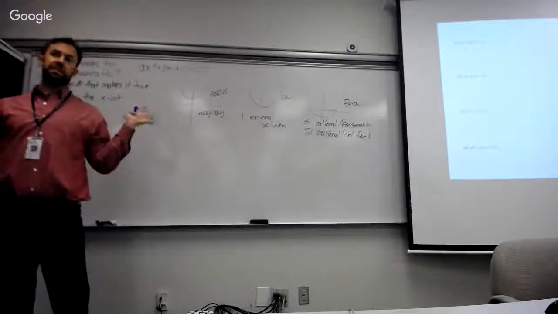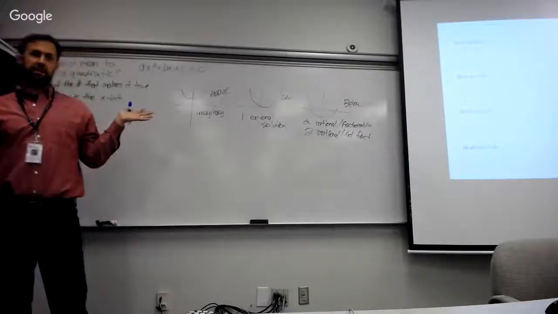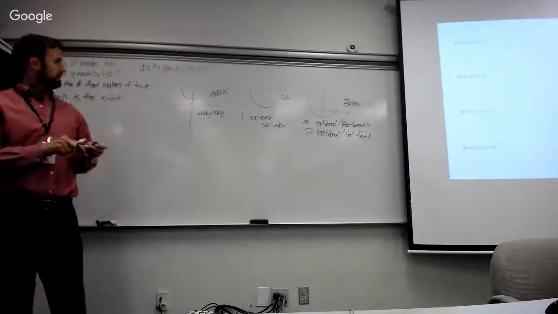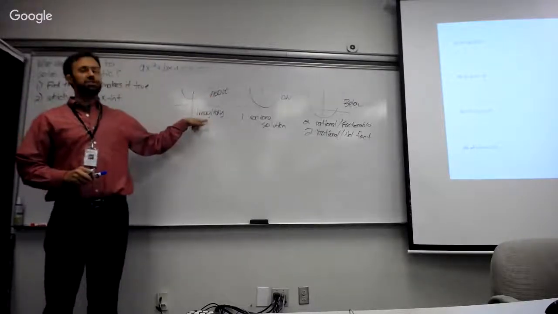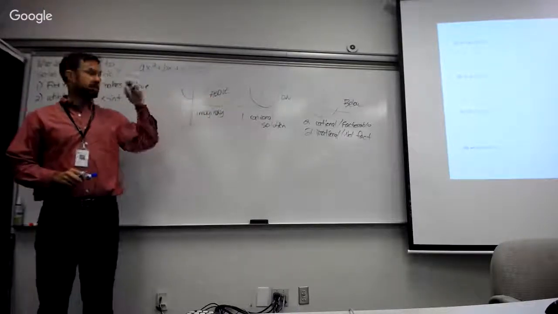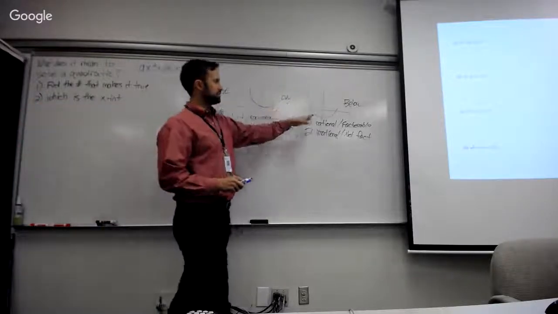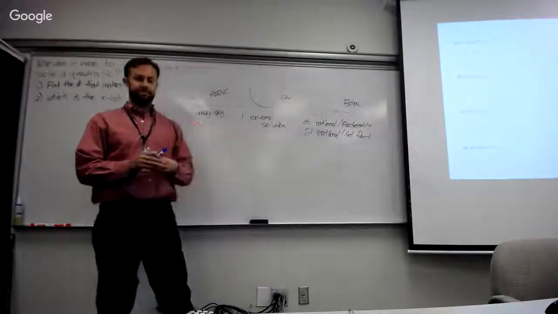All right, so that's what full credit would look like on those test questions. You'd be telling me the word above, on, or below, and the nature of the solution: whether it's imaginary, 1 rational, 2 rational, or 2 irrational and factorable.